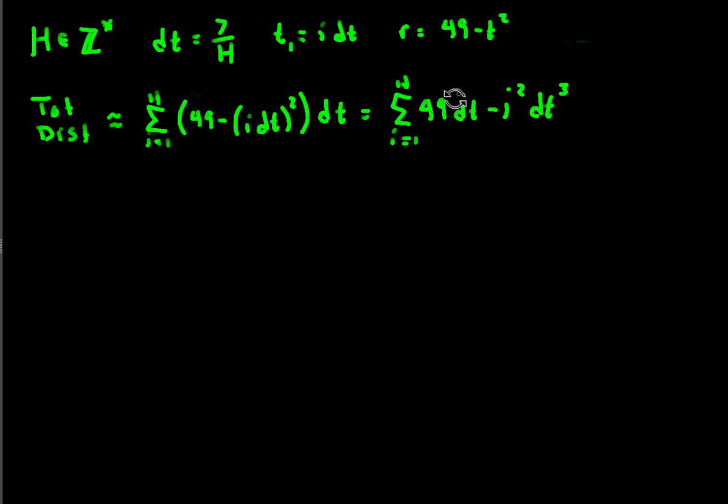Now sums can distribute across this. So I get the sum from i equals 1 to h of 49 dt, minus the sum from i equals 1 to h of i squared dt cubed.